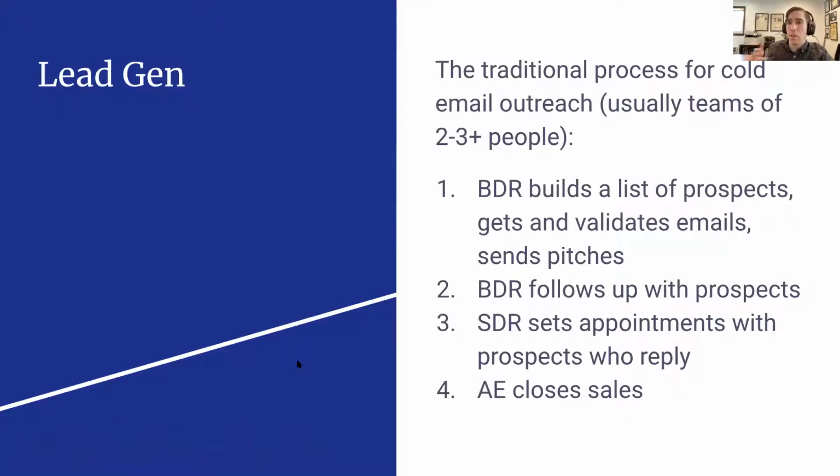As I was mentioning, the traditional process that I've seen for a lot of businesses, especially as they're trying to scale up, is they will have 2 to 3 person teams where you have a rep whose job is to build lists of prospects. So it's everything from using LinkedIn or Google or what have you, as well as other databases to try and find businesses of a certain type.